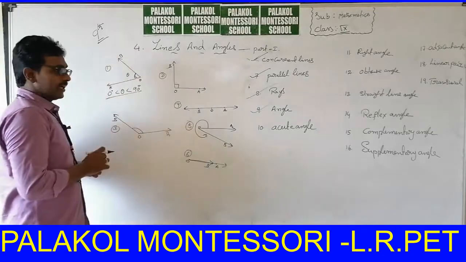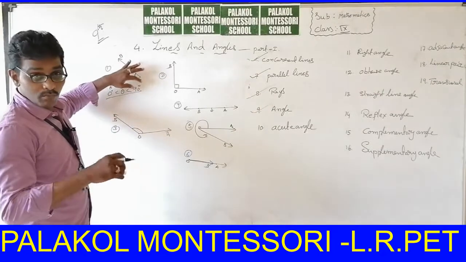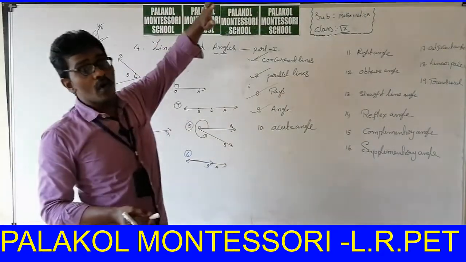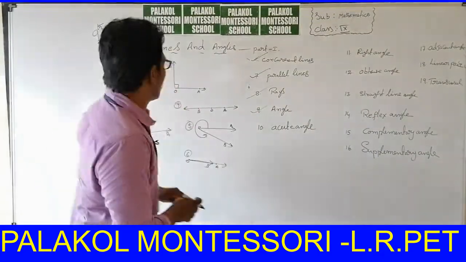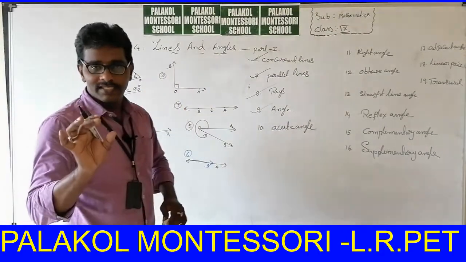That means theta lies between 0 and 90. One more definition, theta is above 0 degrees and below 90 degrees. That type of angle is called an acute angle. Is it clear?